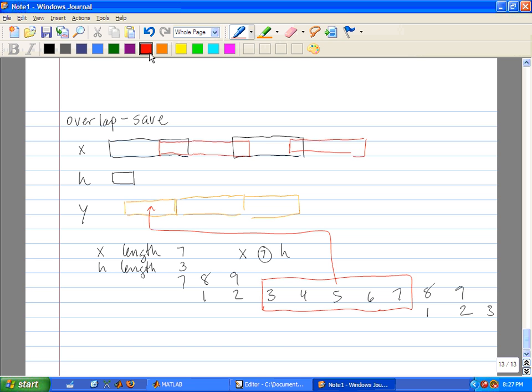How many samples of delay are there? You wait. Our first chunk was of width 7, so we waited 7. We took the FFT, and then we started with number 3. So there was a delay from element 1; we got element 3.